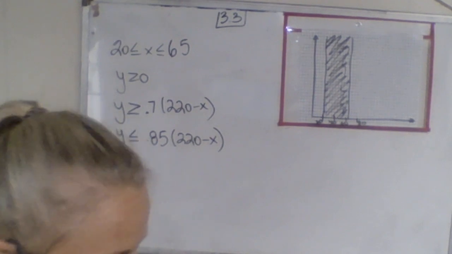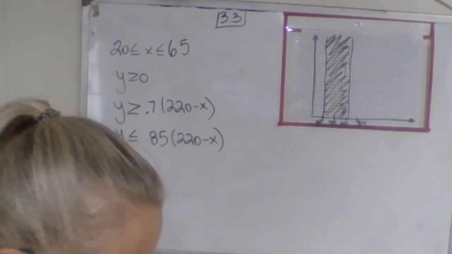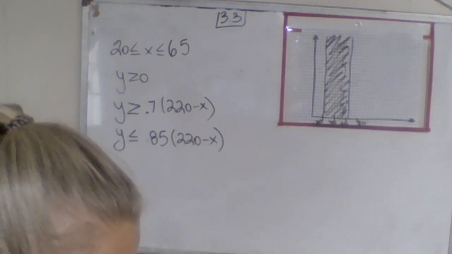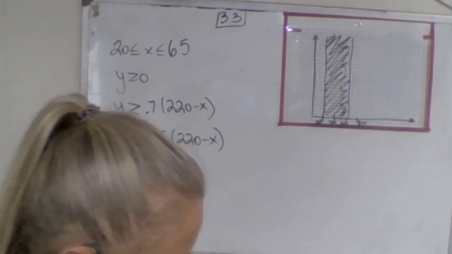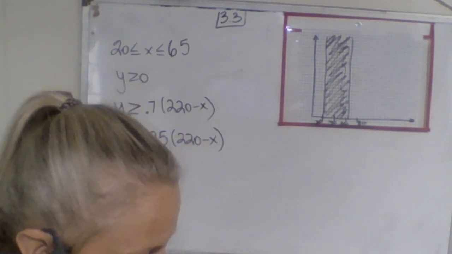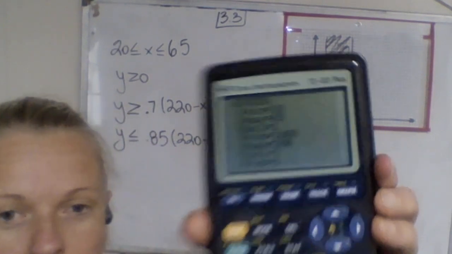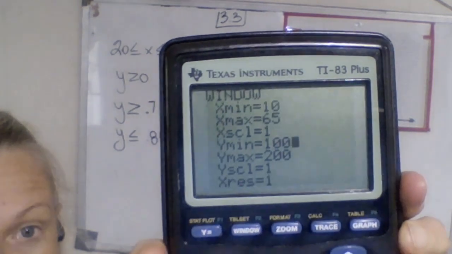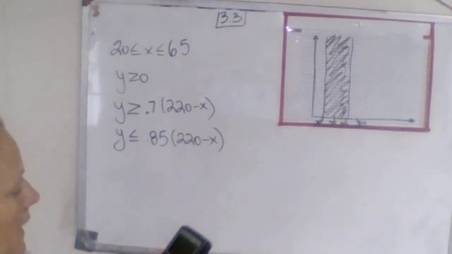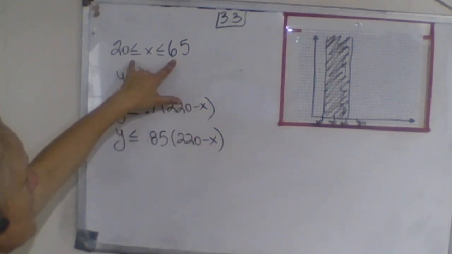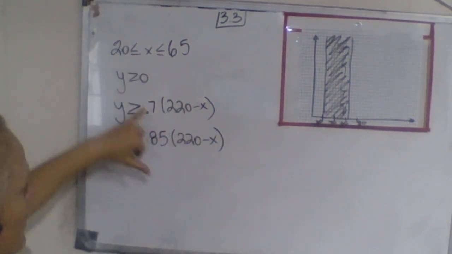Let's make my y minimum 100 and my y maximum 200. I should have 70 there instead of 65 so I can see my equation. 10 and 70, I know what I'm looking for, and these are my two lines.